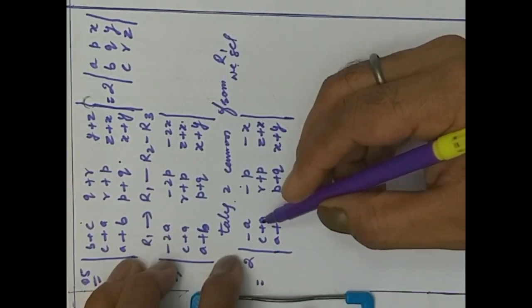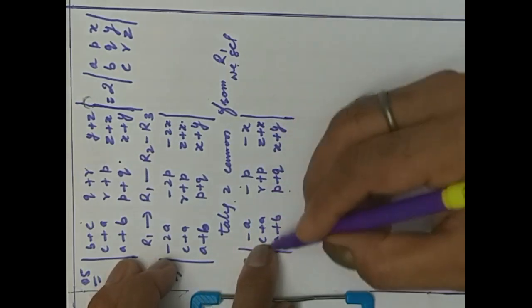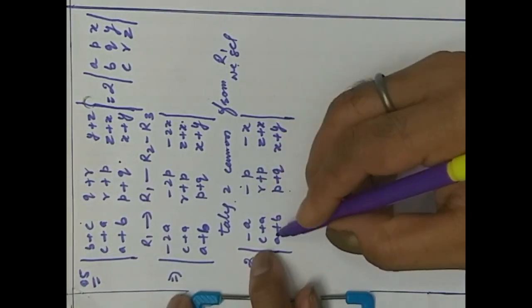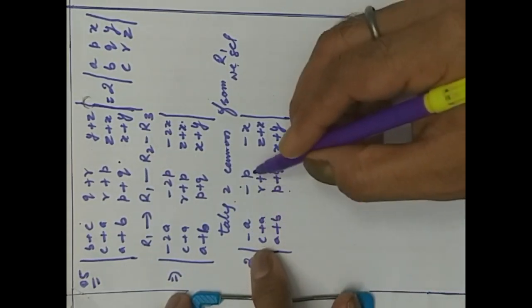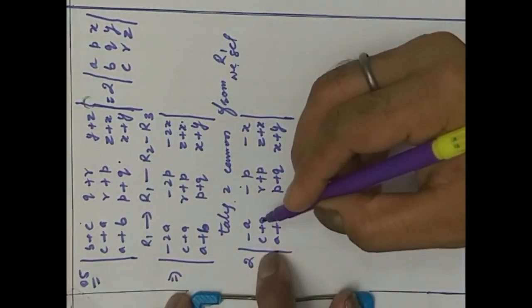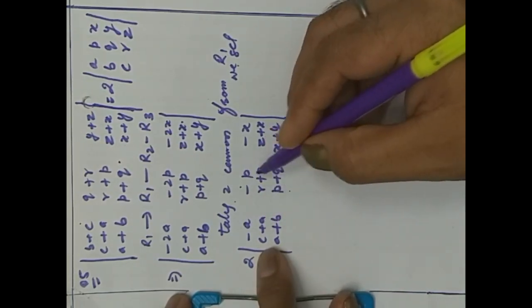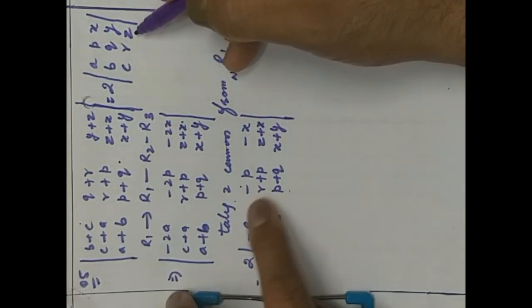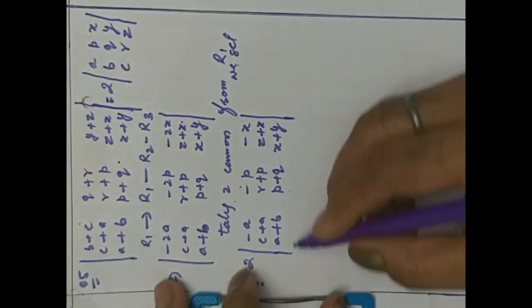So what we are going to do is add R1 to R2. This is minus A, this is plus A, this is minus P, this is plus P, this is minus X, plus X. So if we add these two, A cancels, P cancels, X cancels, and we will get C, R, and Z. That is at R2, no problem, that can be adjusted later.